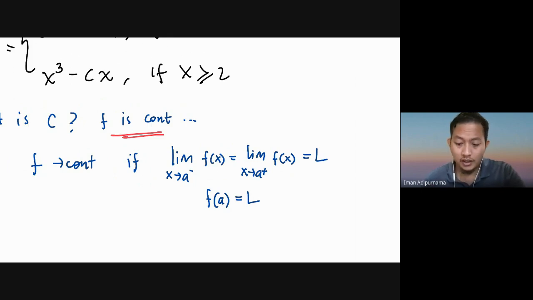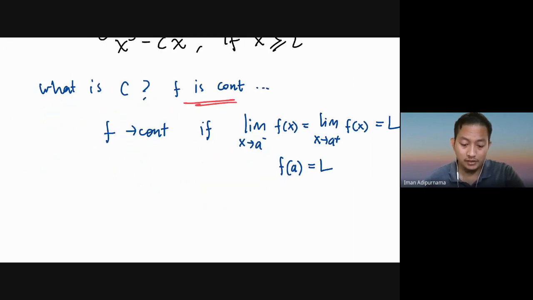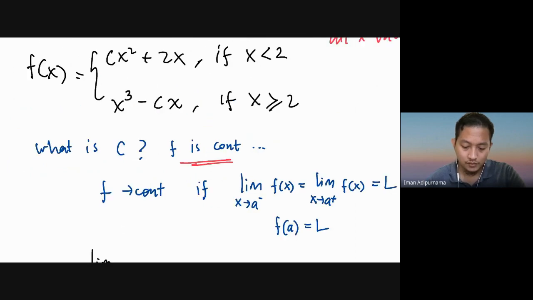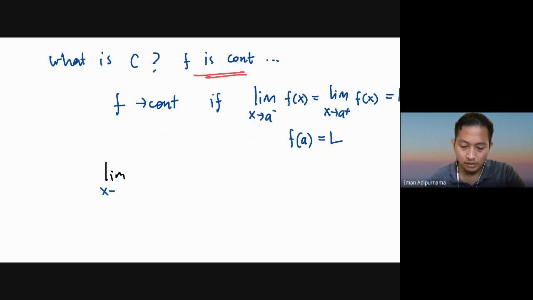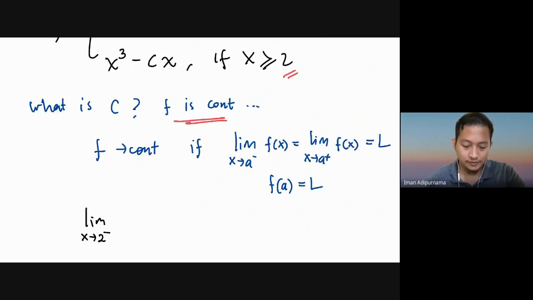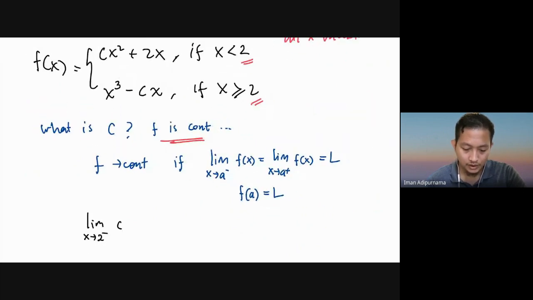So let's start with equalizing the limits. We can evaluate the limit as x approaches 2. From the left, we put cx squared plus 2x, and with direct substitution it's 4c plus 4, right?